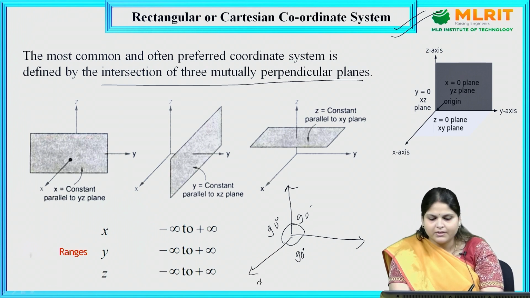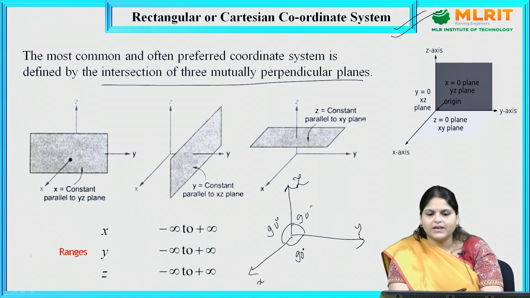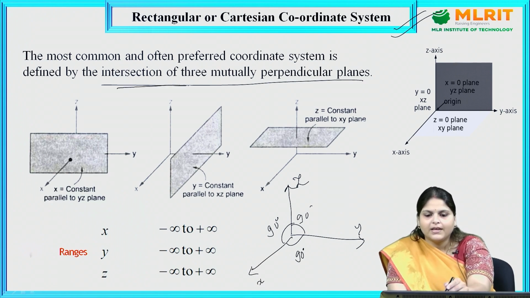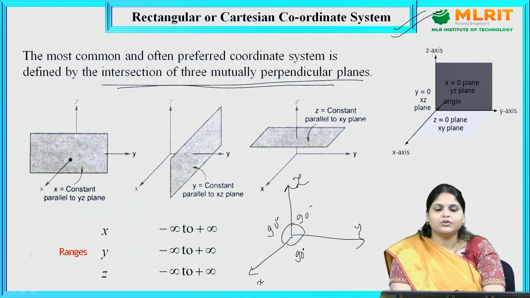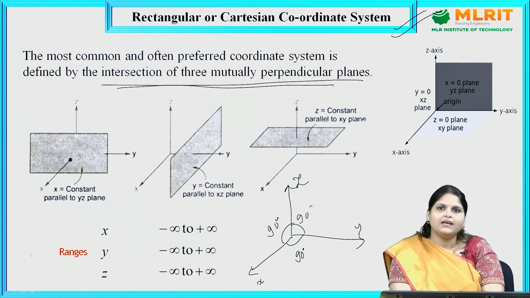So this is our x-axis, this is our y-axis, and this will be our z-axis. These axes are perpendicular to each other, and as we say in the definition, it is an intersection of three mutually perpendicular planes. So planes can be formed by using these axes.